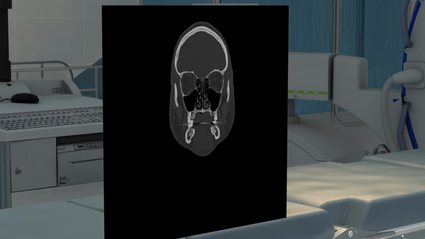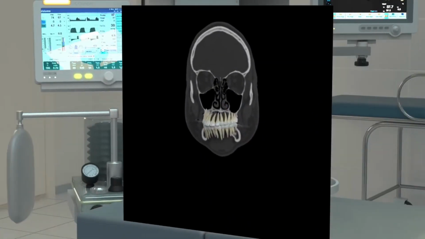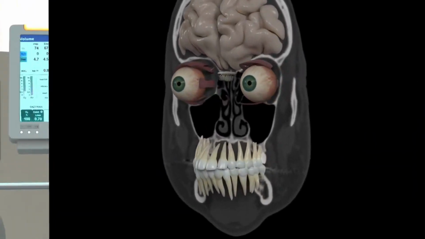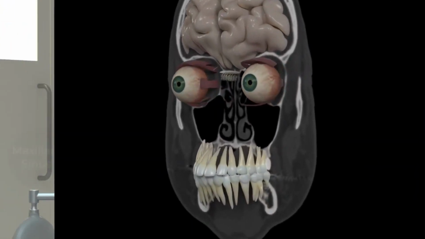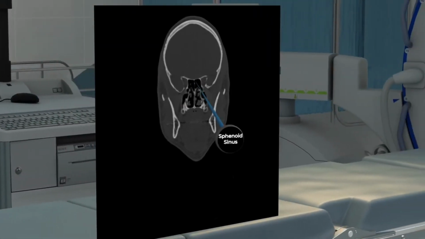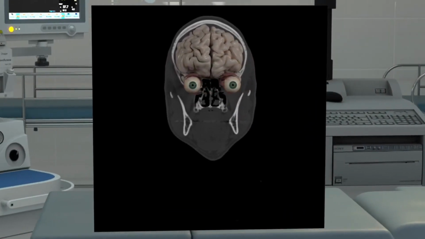The middle slice includes the maxillary sinus, the ethmoid sinuses, the nasal septum, and the relationship of these structures to the dentition, brain, and orbital contents. The posterior slice includes the sphenoid sinus and its relationship to the brain and orbital apex.